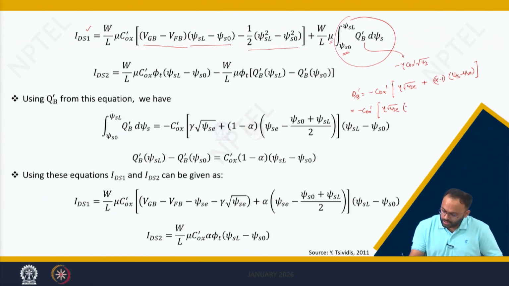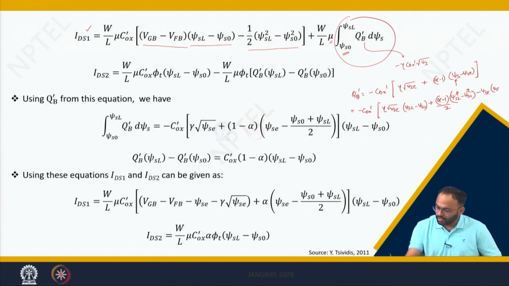So, you will get psi SL minus psi S0 plus alpha minus 1 is common. The integration of psi S is nothing but psi S square by 2 into psi SL minus psi S0 whole square minus psi SE into psi SL minus psi S0.